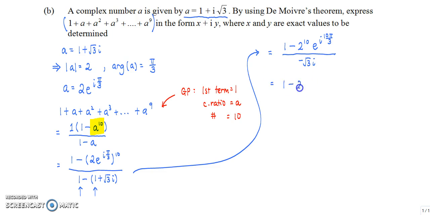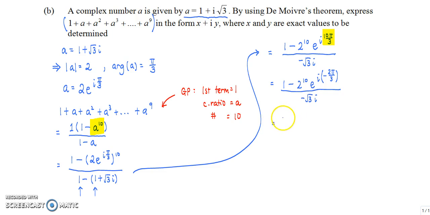Perhaps we can change this argument back to its principal domain. If the argument is too big, we constantly subtract 2 pi from it until it falls in the principal domain. In this case we get negative 2 pi over 3, and the whole thing is still divided by negative root 3 i.